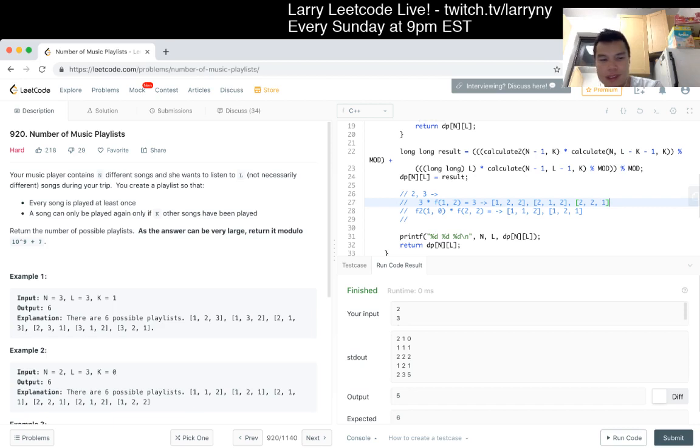Is there an easy way to solve this? Maybe there is an easier way to solve this, and I'm just doing it a dumb way.